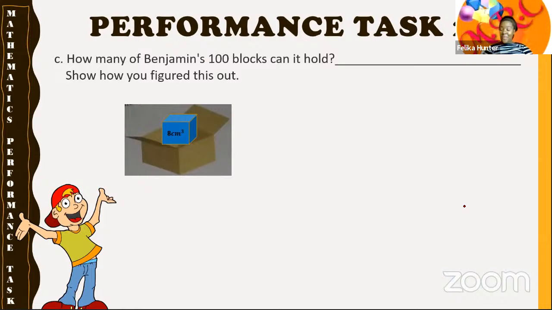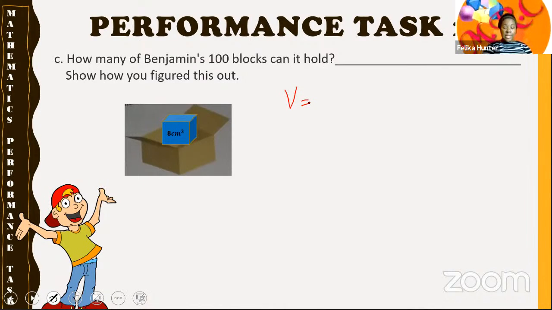So how many of those blocks? And we found the volume of one of those blocks to be 8 centimeters cubed. So let's just work that out since that was worked out just now.